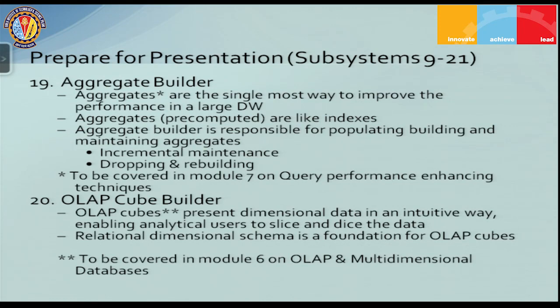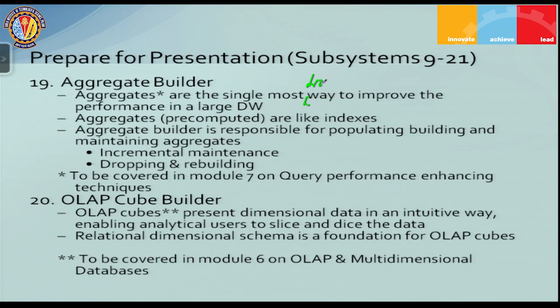Similarly in data warehousing, or in particular in relational systems, there are concepts like materialized views and aggregates which help you pre-compute something which is likely to be required by queries. We do that quite often, and aggregates are the single most dramatic way to improve the performance in a large data warehouse.